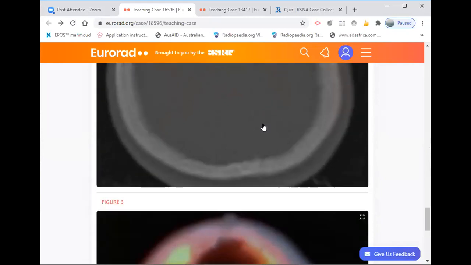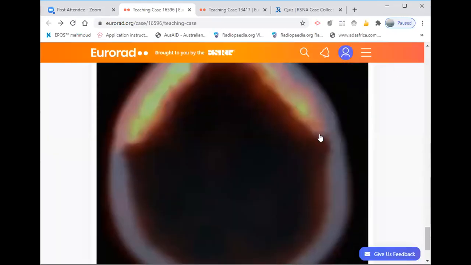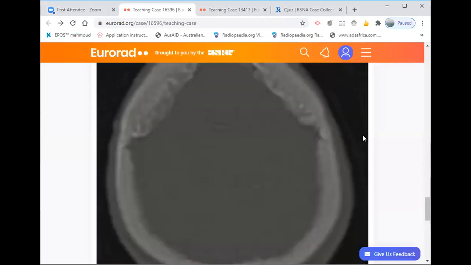So she did CT and they concentrate on something here in the CT, and they show you in the PET-CT that there is high uptake in this region. So what do you think about it? Nice, nice, perfect. So this is what's called hyperostosis frontalis, yes.